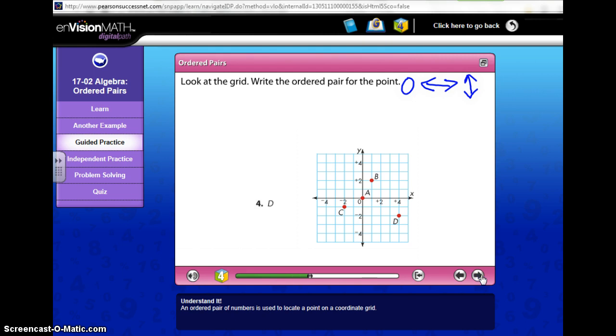And point D. Tell me the ordered pair for point D. Remember, start at 0, over and up, or down.